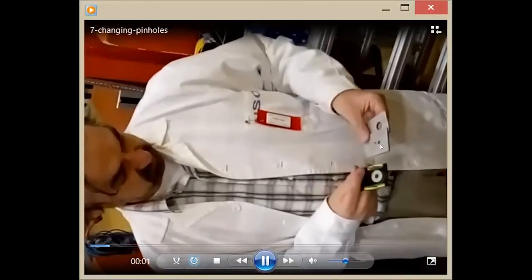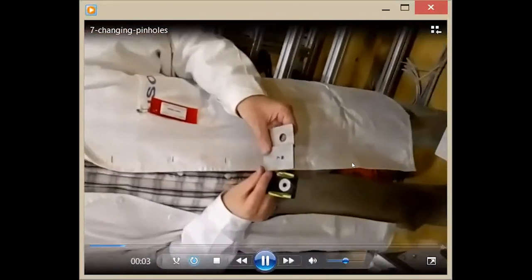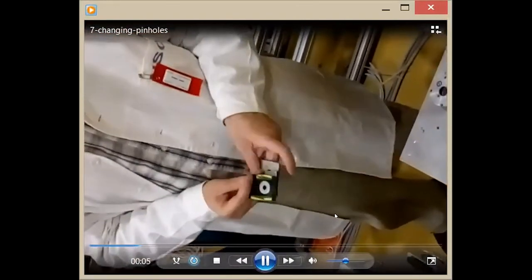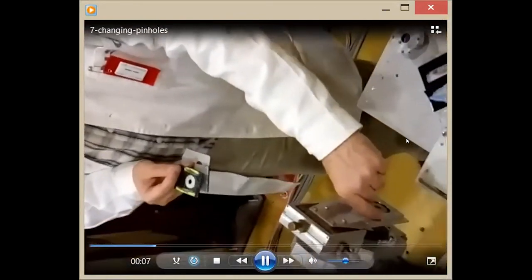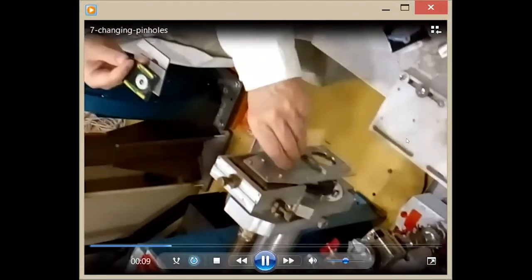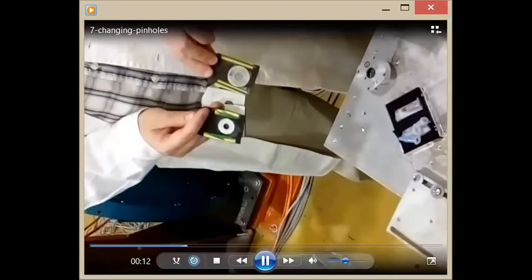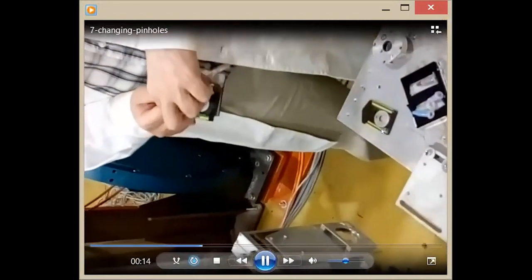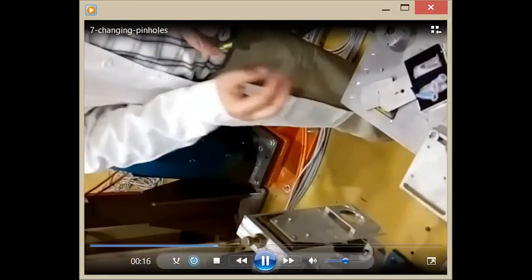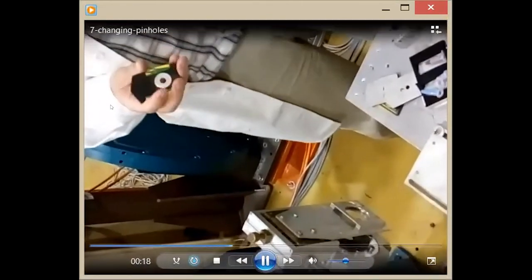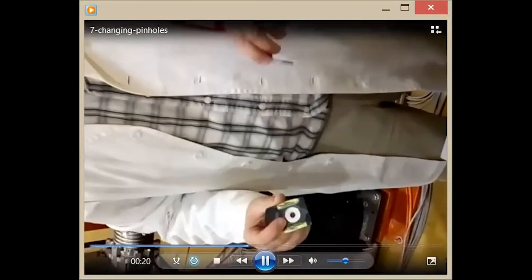When we have loaded the samples, we need to select the most appropriate pinhole for the measurement. Since there are different kinds of sample cells, there is this large one that I just took off, which was a 12 millimeter pinhole, and this is an 8 millimeter diameter pinhole.